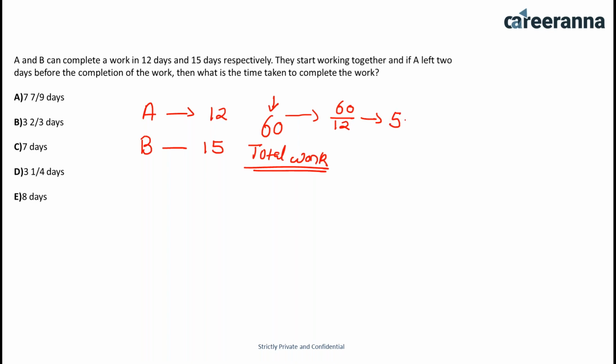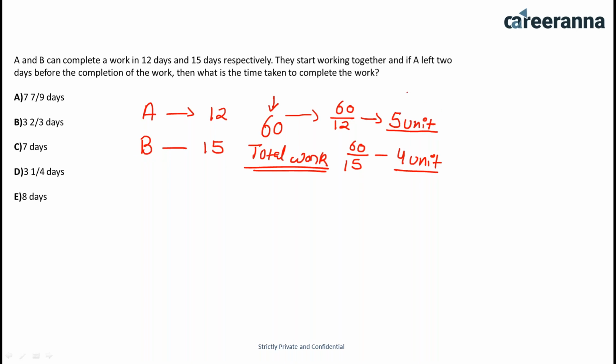That is, 5 units of work are completed by A in 1 day. Now the efficiency for B is 60 by 15, which is 4 units. 4 units of work are completed by B in 1 day.